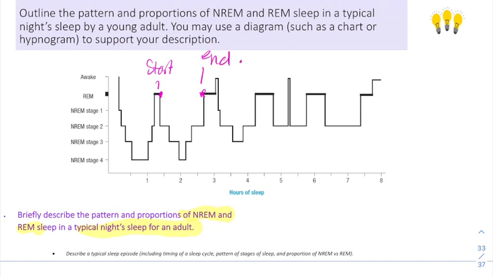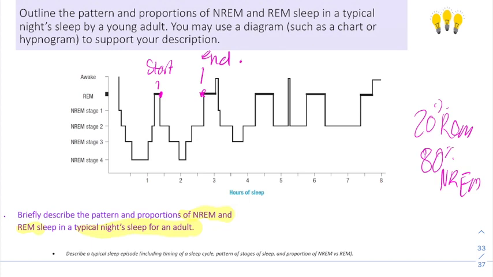The proportion of sleep spent in non-REM to REM: if you have a look at this here, and you really won't be asked to use these numbers in too much detail, it looks like it's approximately 20% REM and then 80% non-REM, so that's good.